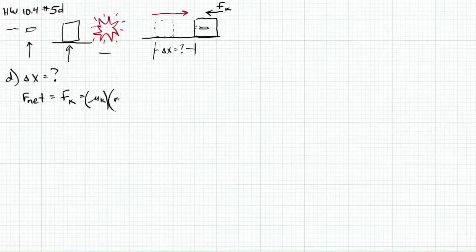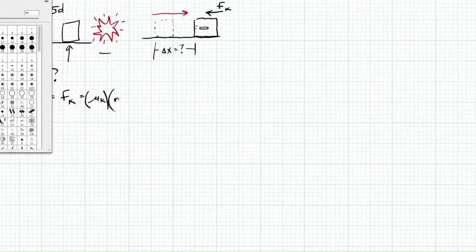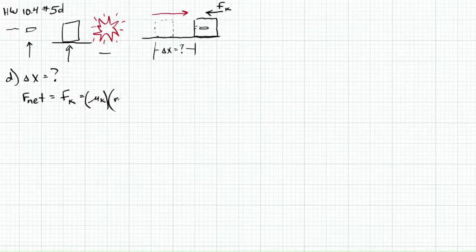That should be the mass of the whole system. We have a bullet and a wooden block, so I'm going to put B and W: mass of the bullet and wooden block system times gravity. That's going to be very important later on.